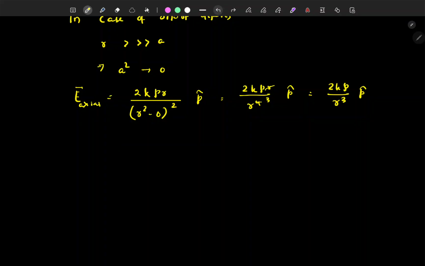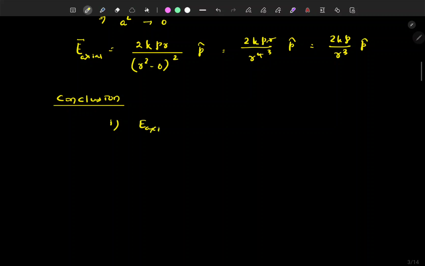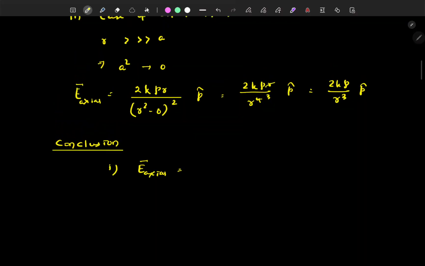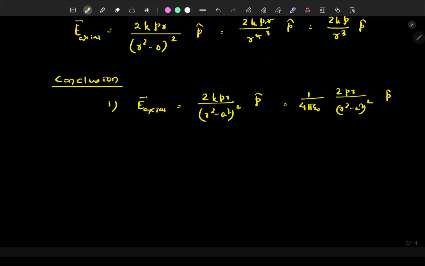So clearly from this expression we came to know the conclusions. What are the conclusions? First point: E axial vector for a dipole is 2kpr divided by (R square minus A square) whole square into p cap, or you may write 1 by 4 pi epsilon naught, that is k, then 2pr by (R square minus A square) whole square into p cap.